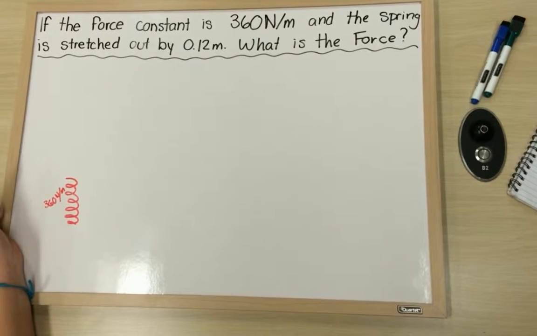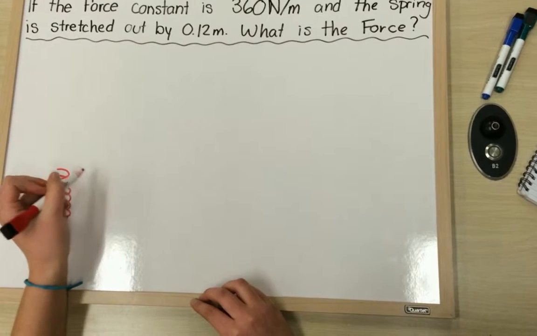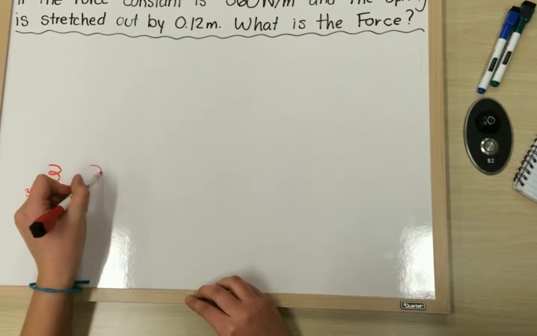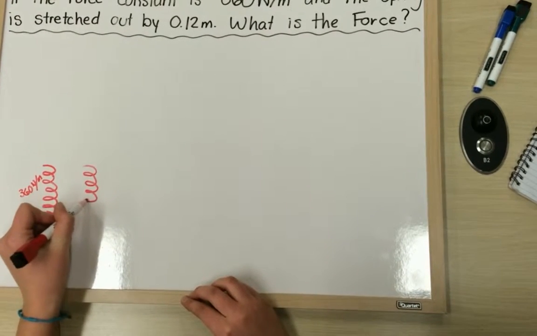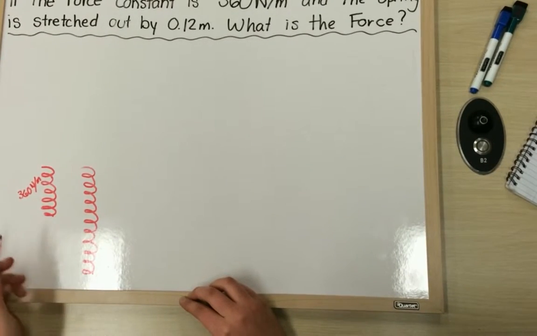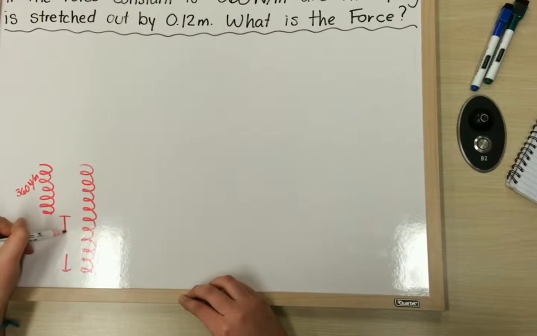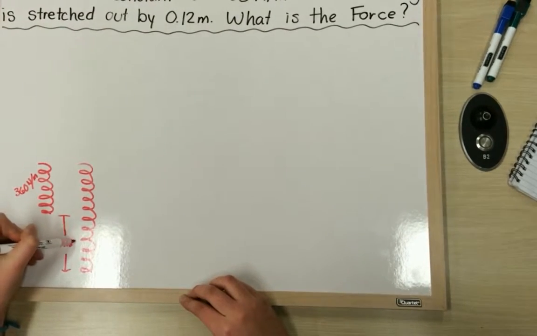And then it's asking, the spring got stretched by 0.12 meters. So from here to there is 0.12 meters.